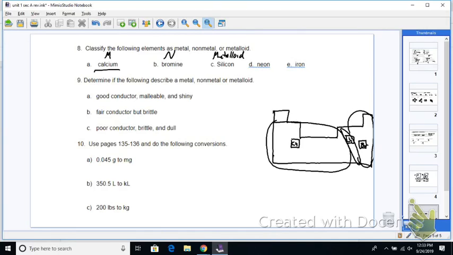Neon is located right here. What would that be? Non-metal. And then iron's located right here. That's a metal. So if it's in this region, tomorrow if you got your periodic table, it's a metal. If it's in this region, it's a non-metal. And if it's in this region, it's a metalloid.